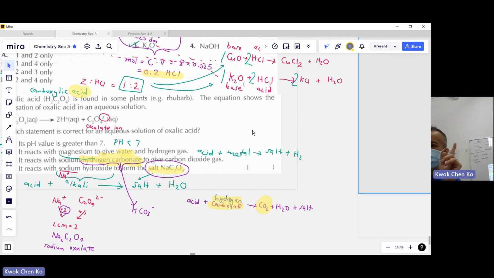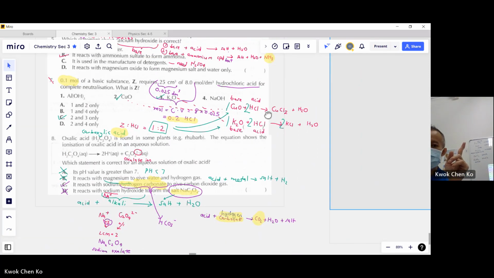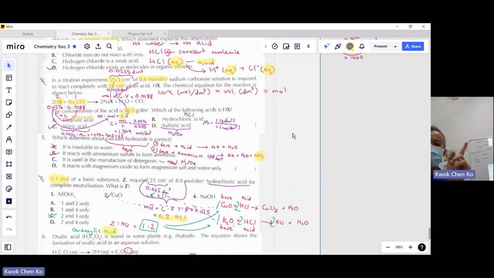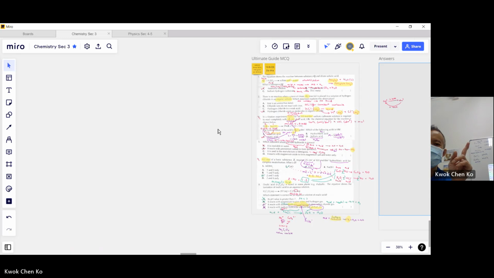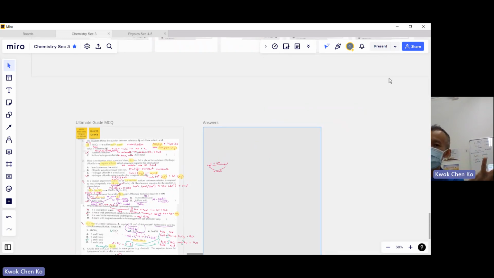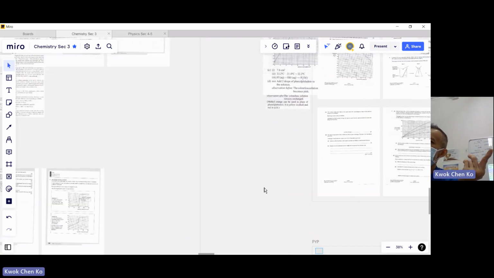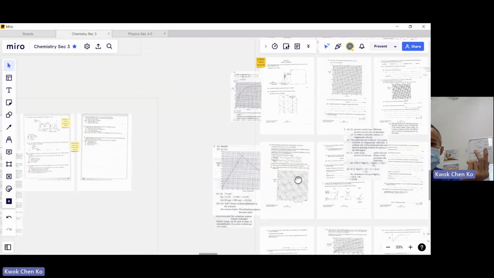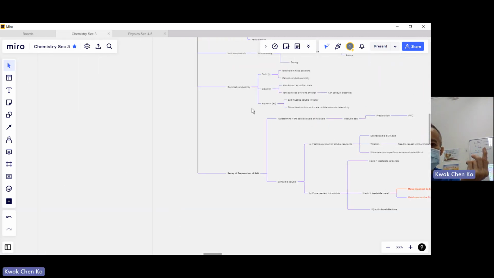Okay, so let me just go to one last part for today. Salts. All right, come, Xingyue, tell me, what are salts? I mean, we have used the term. Good. It consists of one cation plus one anion. I mean, that's for at least for secondary school level. What else? Anything else you can tell me about salts, Alicia?